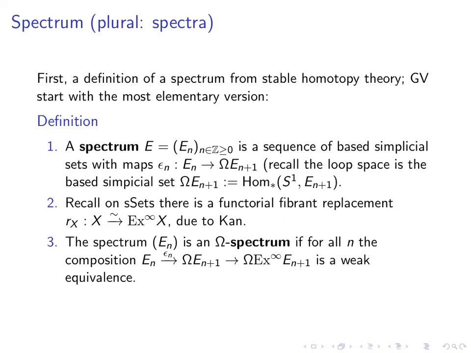Now recall from earlier that on simplicial sets there's a functorial fibrant replacement. There were a couple we saw earlier. Here we're going to use the Kan's Ex-adjoint subdivision functor. And then finally, a spectrum is an omega spectrum if, when you do the composite of these maps here, you get a weak equivalence.